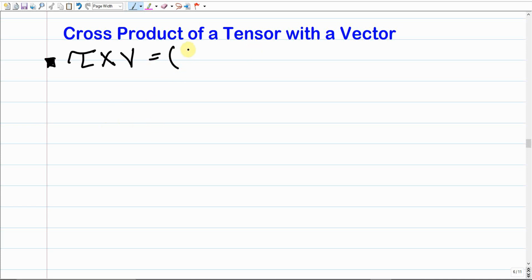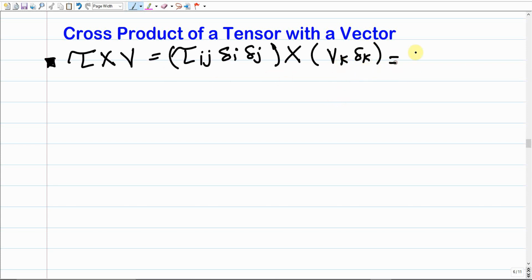So the tau in terms of its components is gonna be tau_ij delta_i delta_j, cross product of the vector, which should be like v_k delta_k. Remember, you have to use a different index. Then we just do the multiplication over the components. So we're gonna have the tau_ij v_k, then do the operation itself over the vector. So we're gonna have here delta_i delta_j cross delta_k, right?